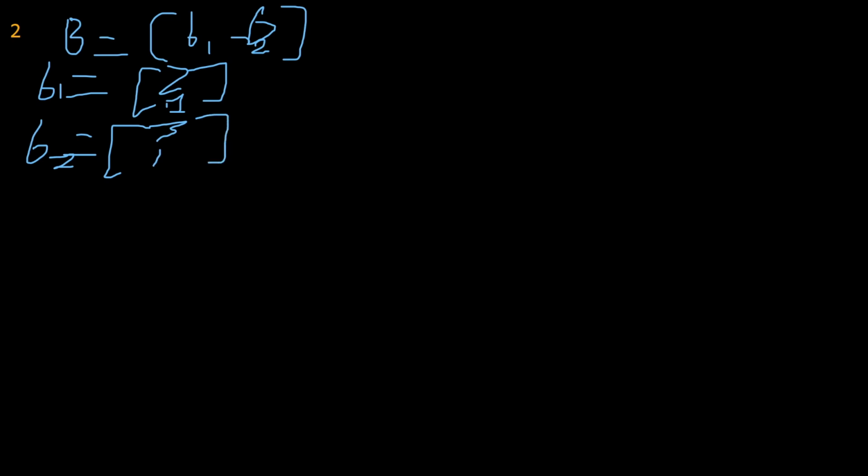Now we want to find the change of basis matrix to convert this to the standard basis. So how we're going to write this is the standard coordinates x equals the transformation matrix, notated as P_B, times our vector in B, written in brackets with a B on the bottom.